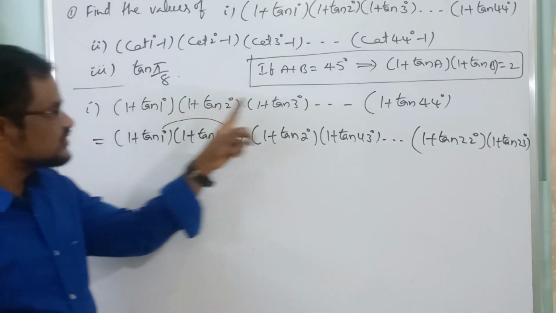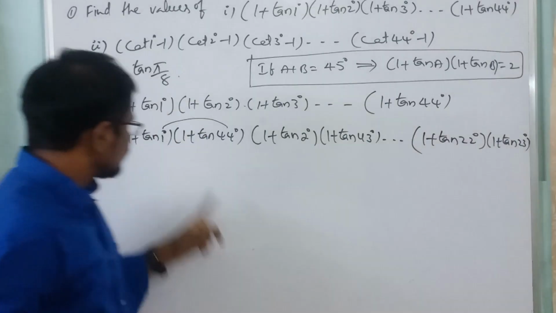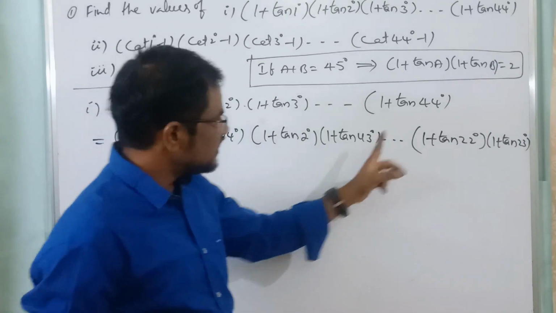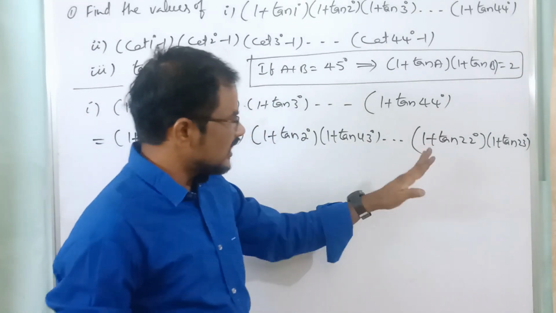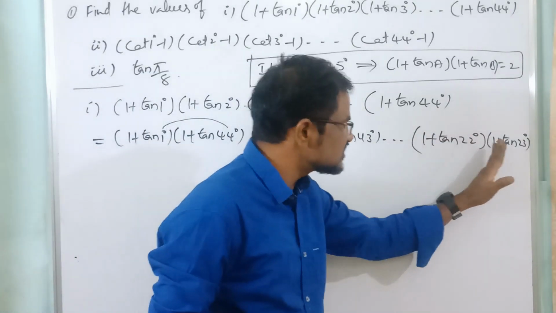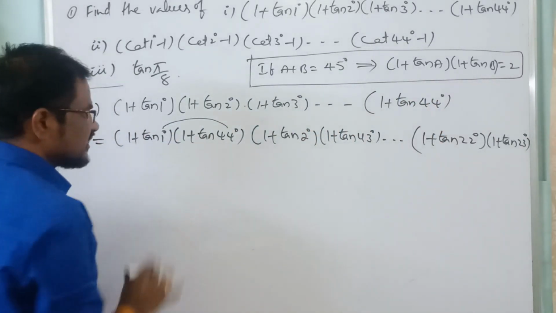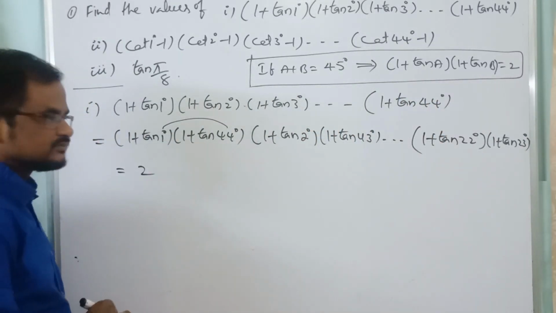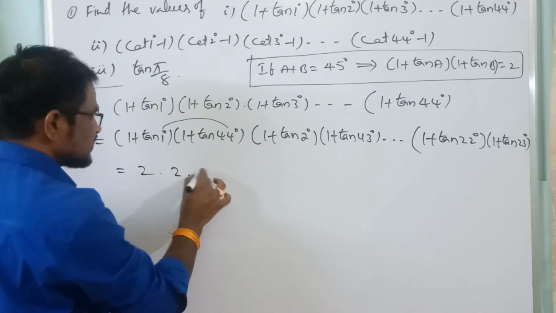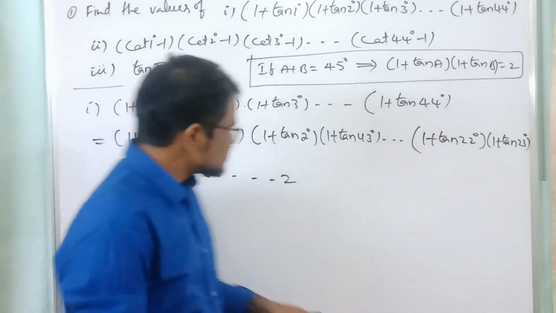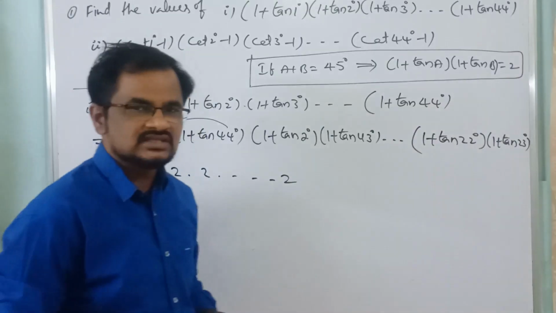So 1 degree to 44 degrees, 1 and 44, 2 and 43, 3 and 42, so on, 1 plus tan 22 degrees, 1 plus tan 23 degrees. So each pair gives the value 2. This is also 2. The next one also 2, etc. The last one also 2.